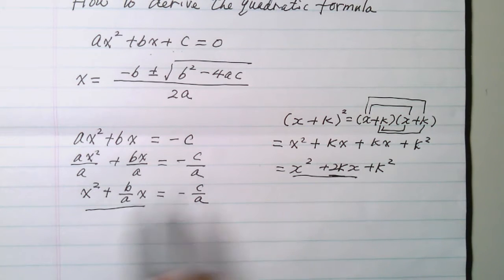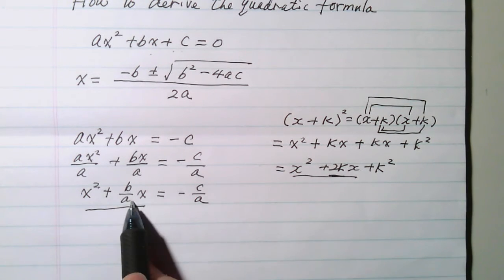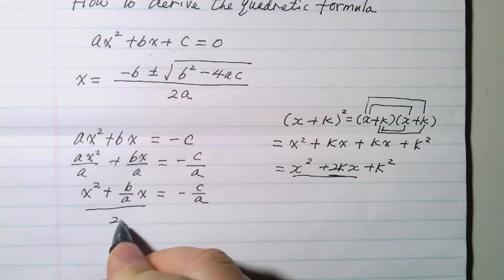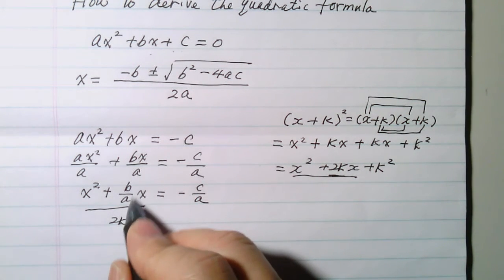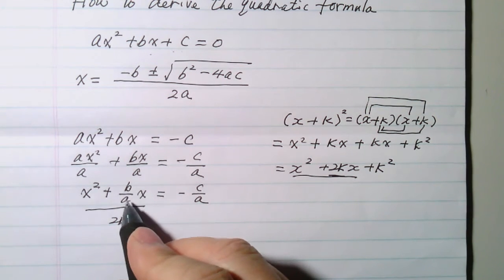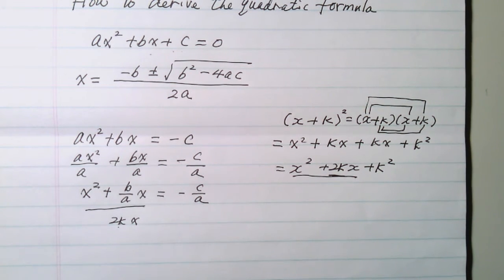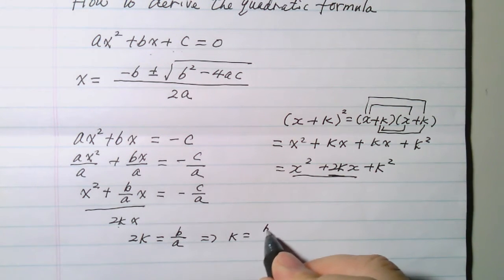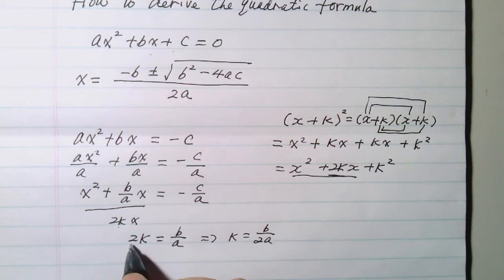The x squared is the same. If these are the same, it means 2kx is the same as b over a x. So b over a must equal 2k. Solving for k, I get k equal to b over 2a, dividing both sides by 2.